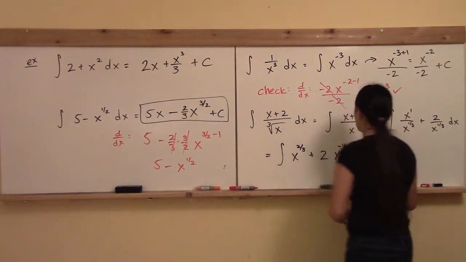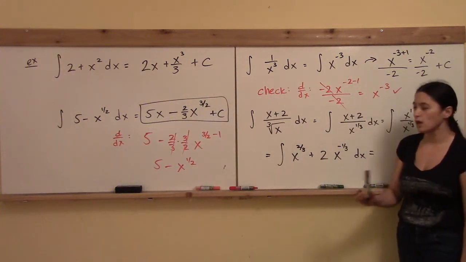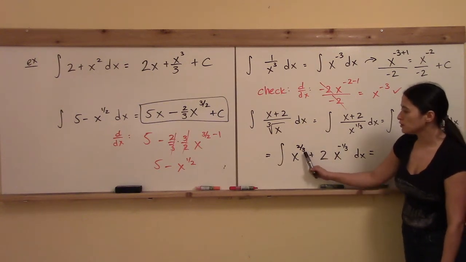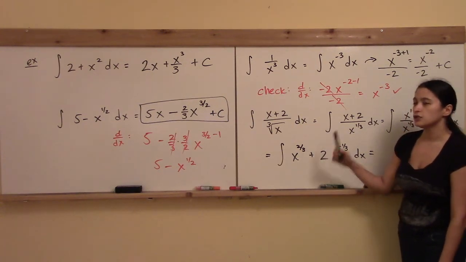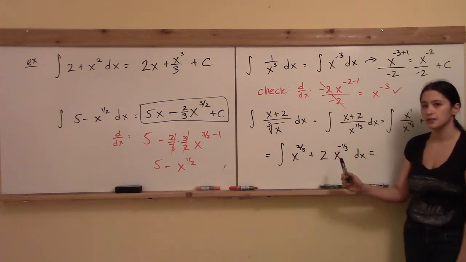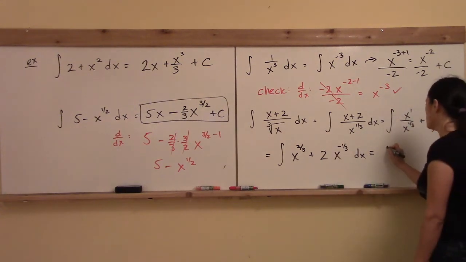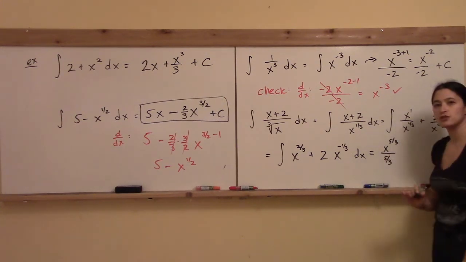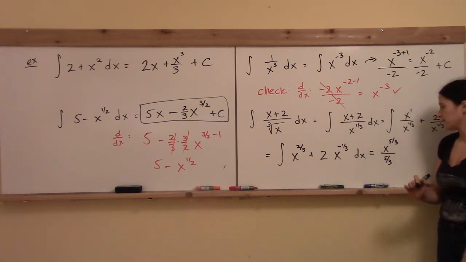What I'm going to do to integrate is add the number 1 to each one of these exponents individually. So 2/3 plus 1 is 2/3 plus 3/3, which is 5/3. So the first term is x to the 5/3, and of course I have to divide by that same 5/3 so that they will cancel each other out.